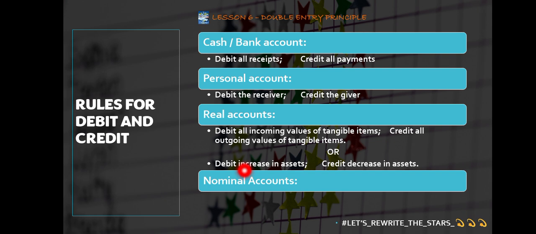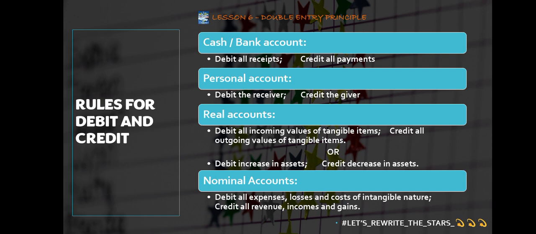Then we come to the nominal account. The nominal account has to do with expenses, the ones we can't see and touch, but that are within the organization. So expenses, revenues, losses, what have you. When you look through the transaction and identify a nominal account within it, this is how we treat it.